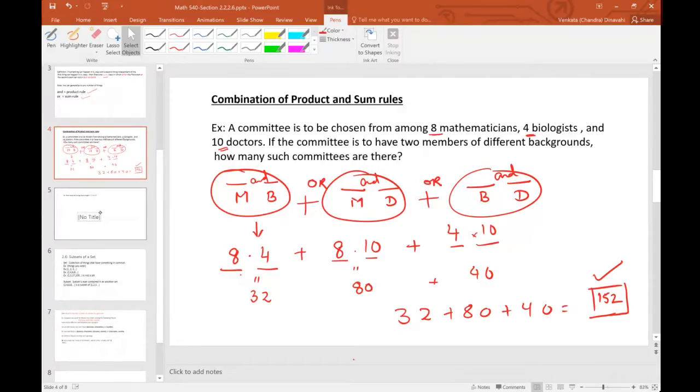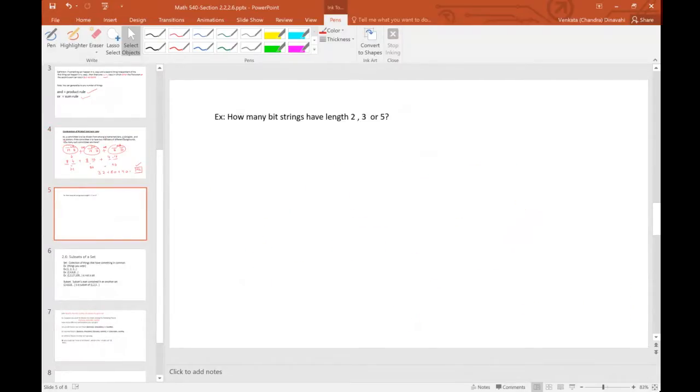Now let us look at one more example like this. We saw this in the previous video in chapter section 2.1. I'm asking how many bit strings have a length of 2, 3, or 5.